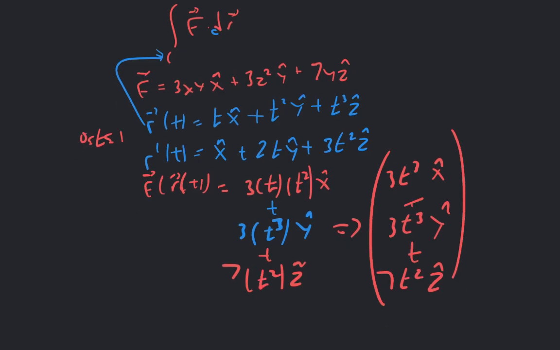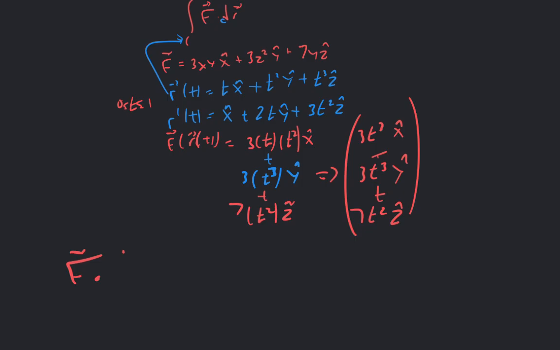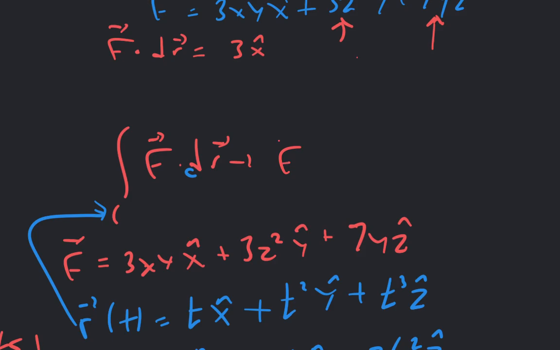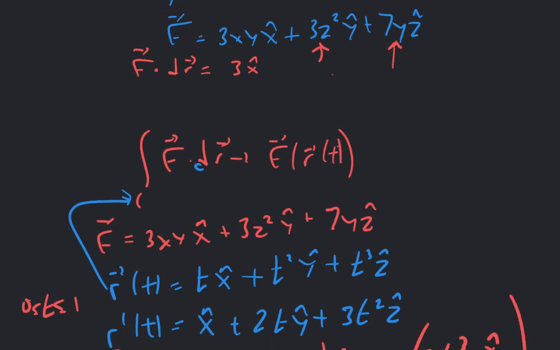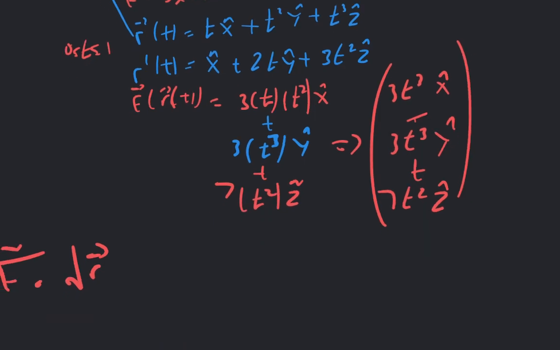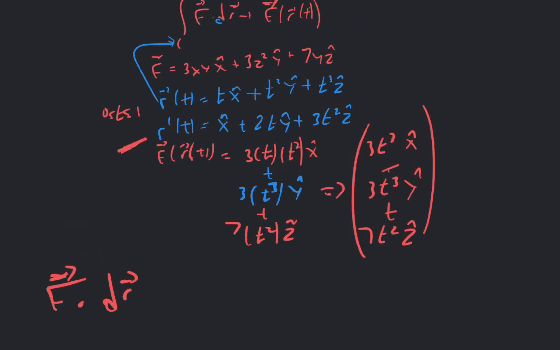Now, when we do F dot dr, because when we use this notation, F is really F of r of t, which is really confusing, but if you write it out this way, it becomes a little easier to understand. And so remember, now this is our dr vector.